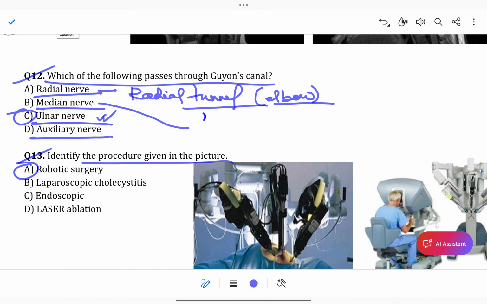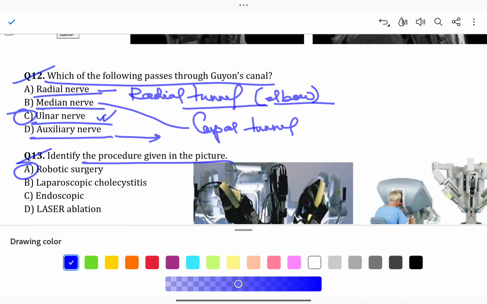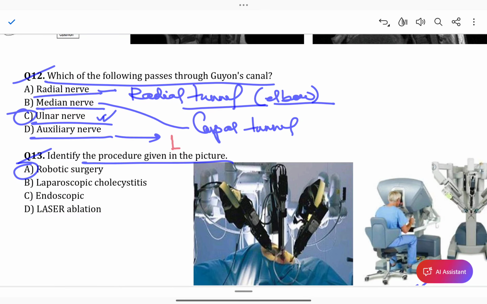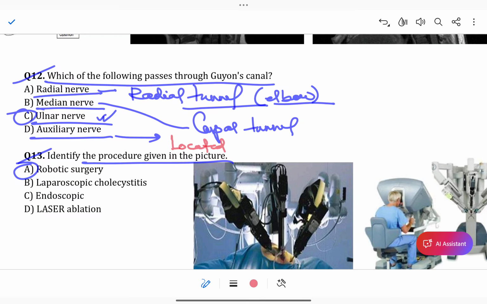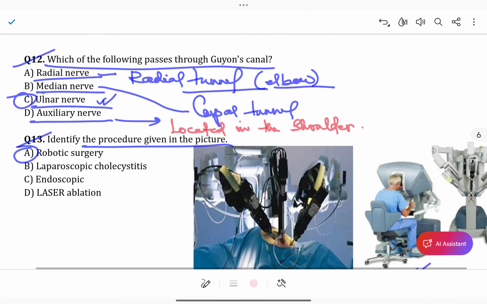And the axillary, where is it located? The axillary is located in the shoulder, in the quadrangular space. Okay, question number 13 finished.